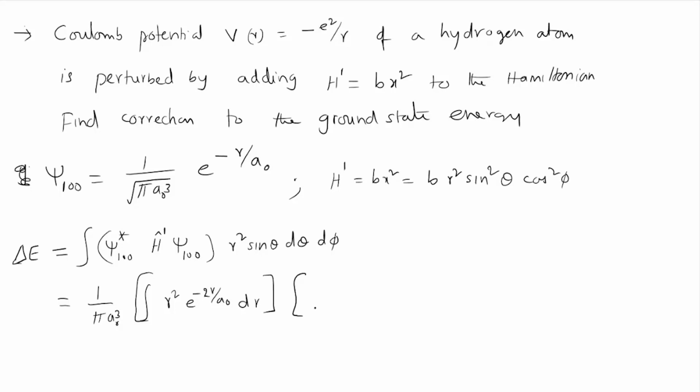Sir, H prime has r square, another r square, r to the power 4 now. Why? What is the volume element?